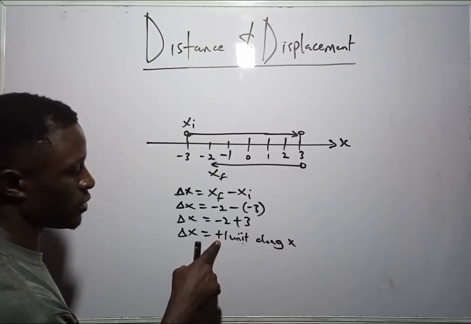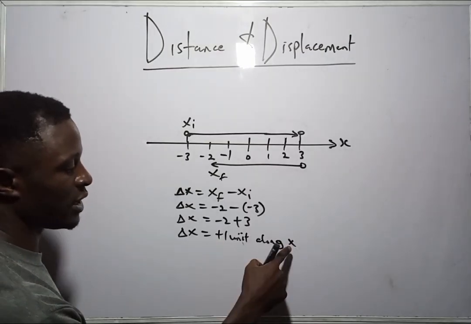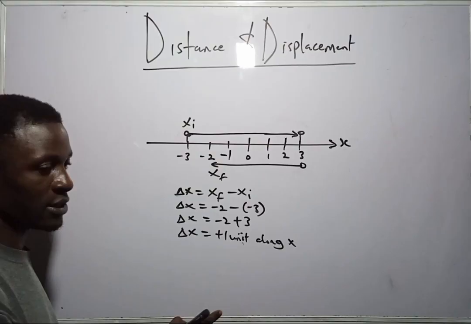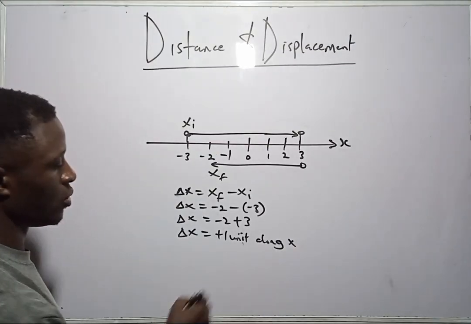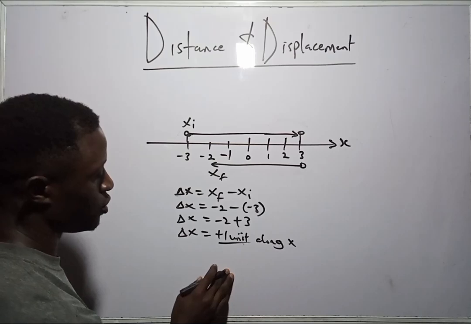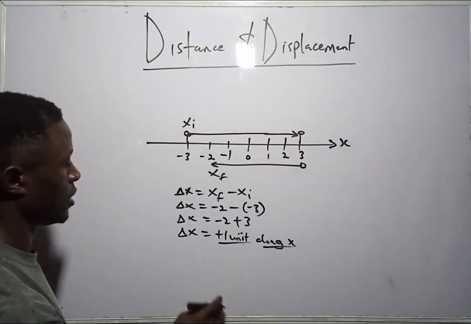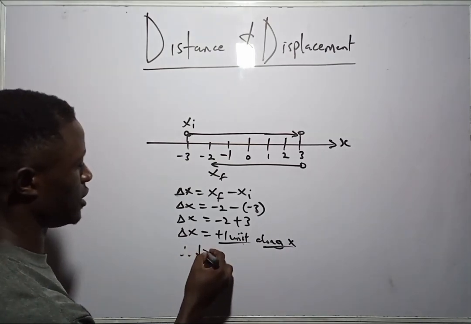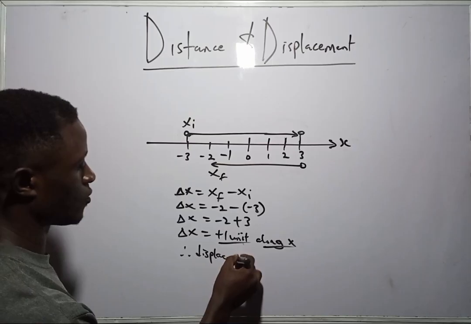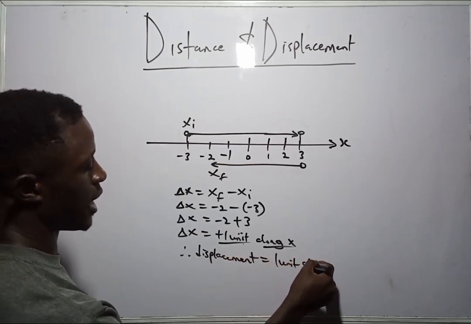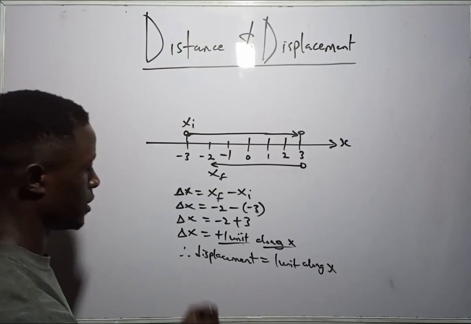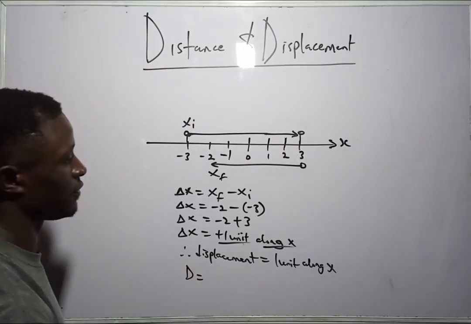Why did I put plus? This plus is also still indicating that the whole displacement is along the x direction. So this is the magnitude and this is the direction. Therefore, you say your displacement is equal to 1 unit along x. Then how do we calculate the distance for this?